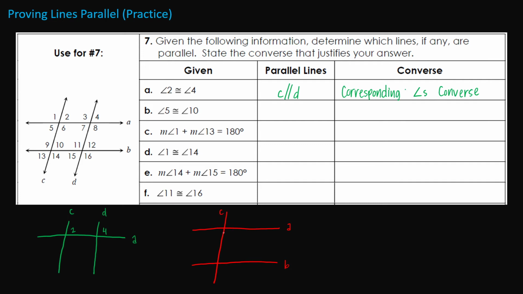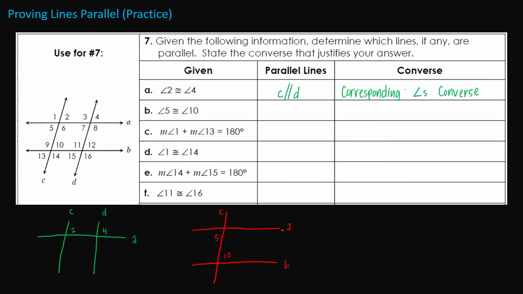And I am taking a look at the relationship between angles 5 and 10. Now I am seeing that they are inside lines A and B and on opposite sides of the transversal line. So angle 5 being congruent to angle 10 would make them alternate interior angles.